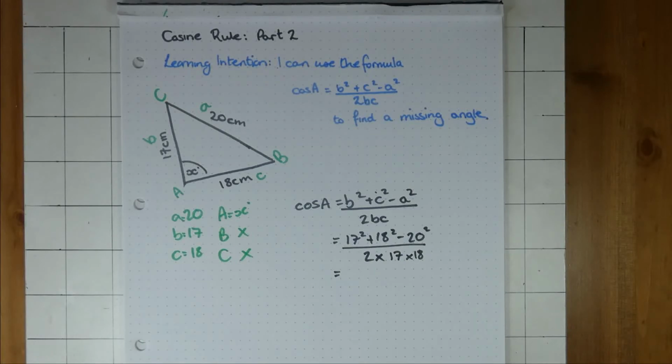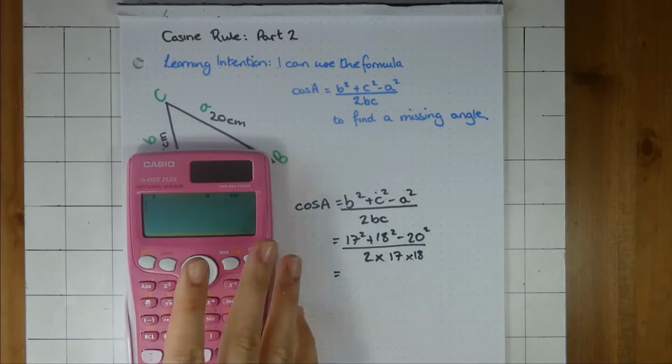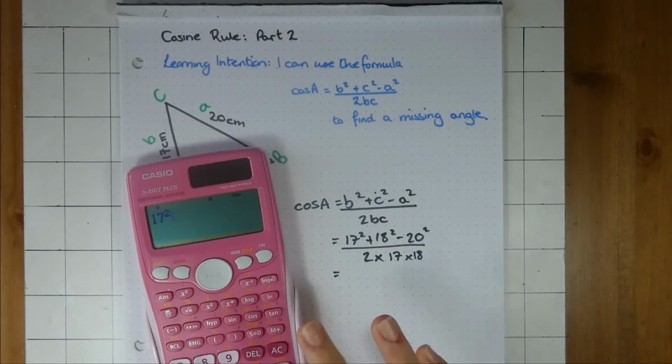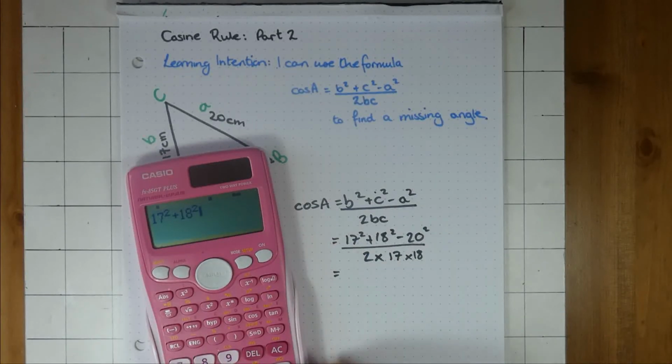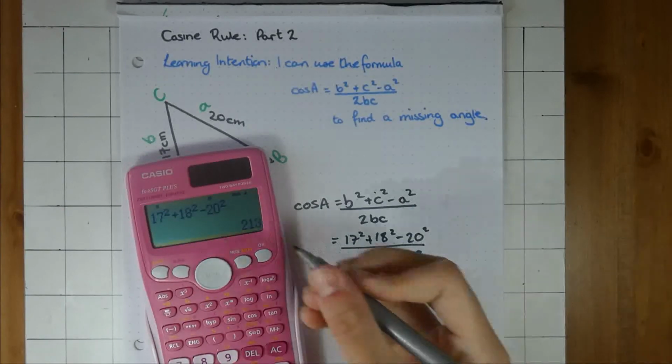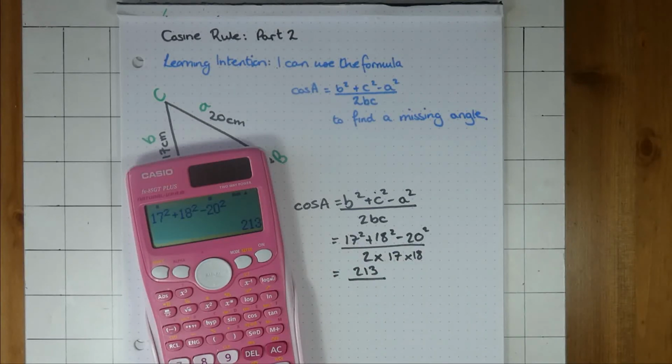Once you've got to this point, we are throwing things in the calculator. Again, you have 2 choices. Either you do this in 2 halves, which if you are not on a Casio, I recommend. It means you're much less likely to make a calculator error. So you type it all in and you get 213. And then I would type in the bottom, so we've got 2 times 17 times 18.